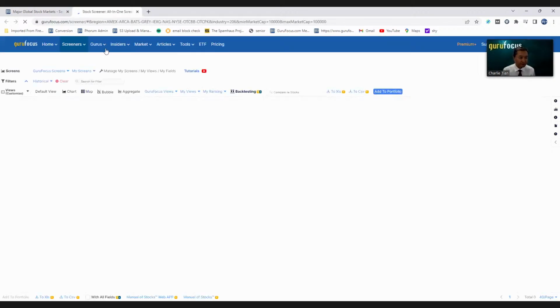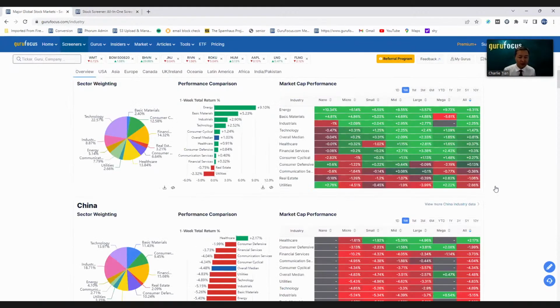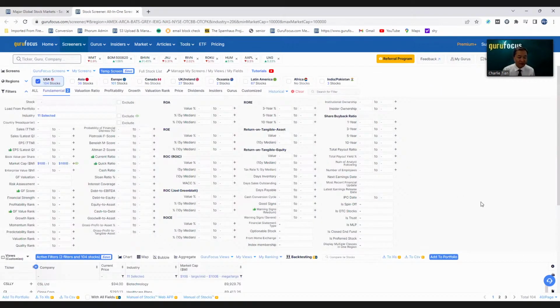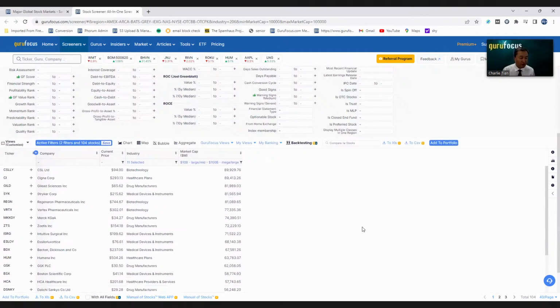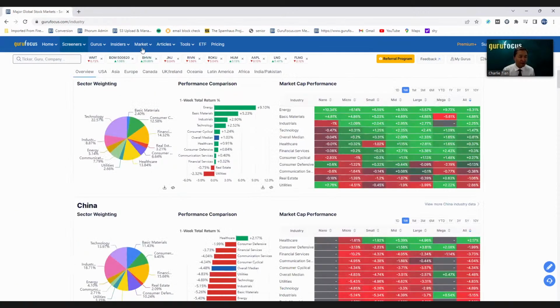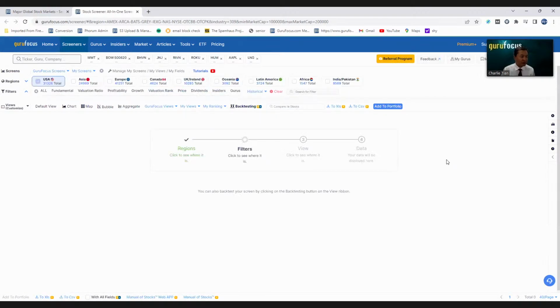And I believe that you can click on that. If you really want to find out which companies are doing well, you click on each one of these boxes, and you will come to the all-in-one screener. It shows you which companies are included in the box for calculation, and it's also a way for you to do screening. For instance, you want to find out which mega energy companies are doing well, you just click on that, and then you come to the screener.